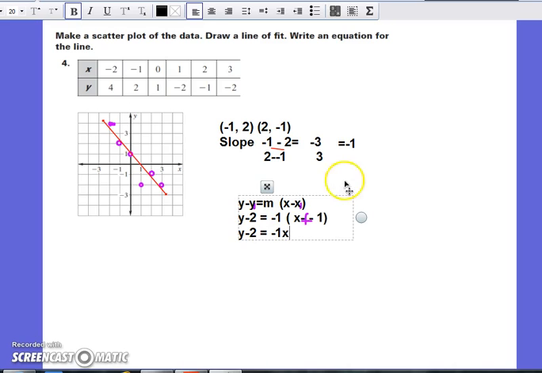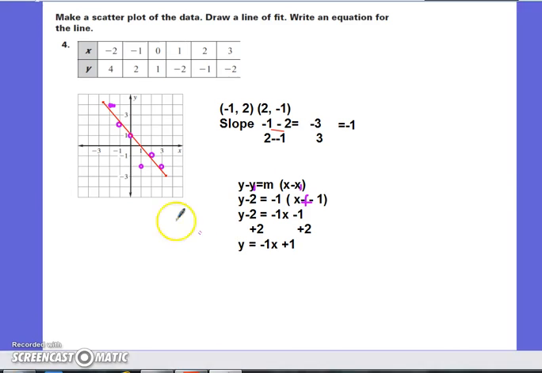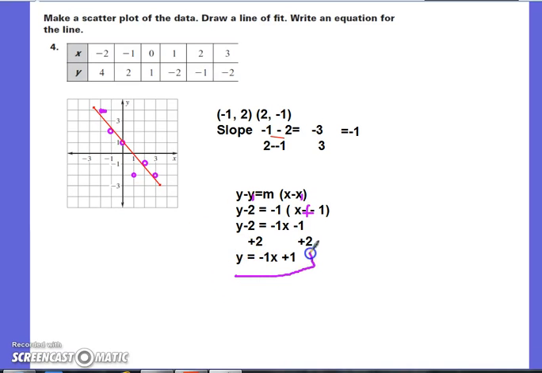Now your negative 1 times your positive 1 is going to give you a negative 1. Add 2 to both sides to leave you with y equals negative 1x. And this is your equation, your line of best fit.